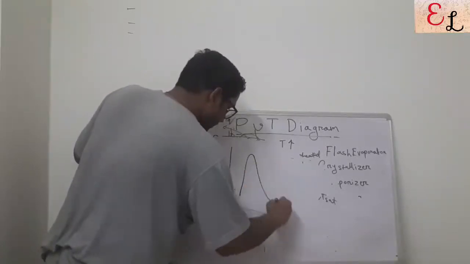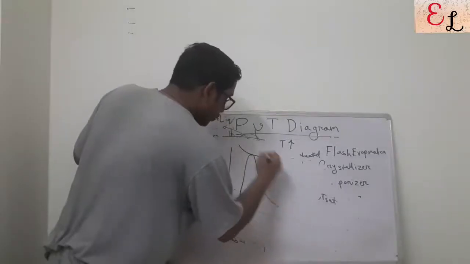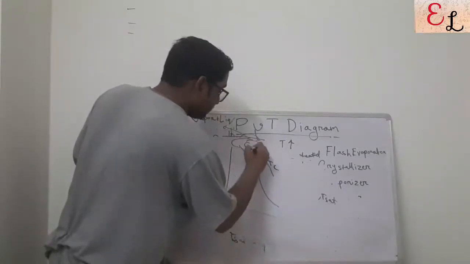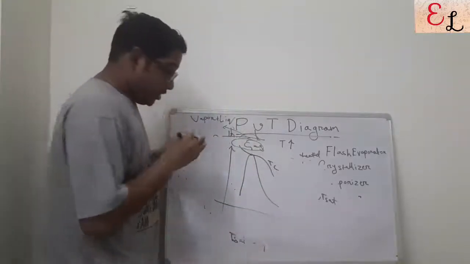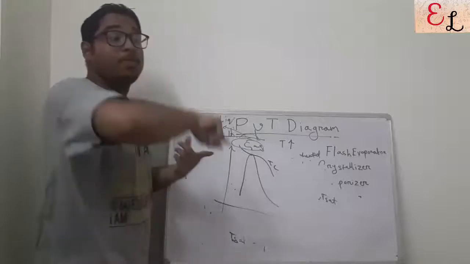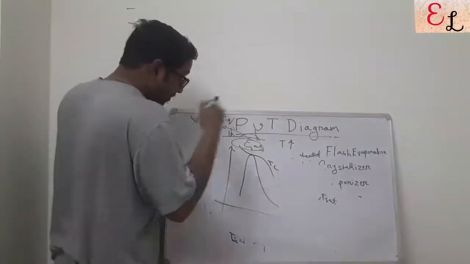Tc, this is completely gas. And there is a difference between gas and vapor. Vapor can be transformed back into liquid, but gas cannot be, because it has reached beyond.